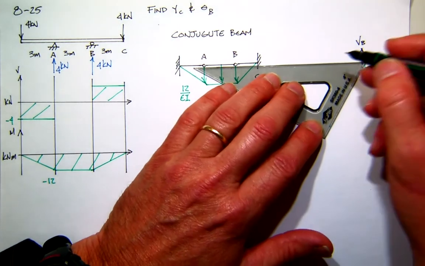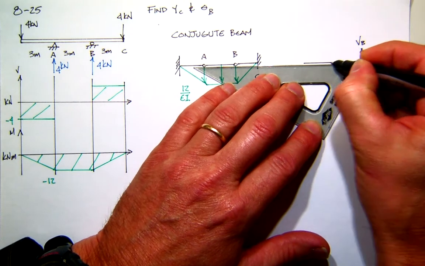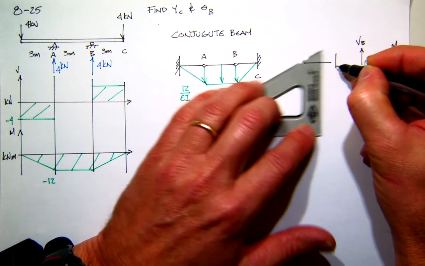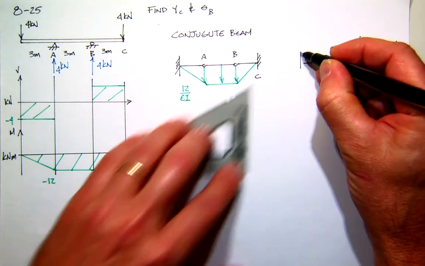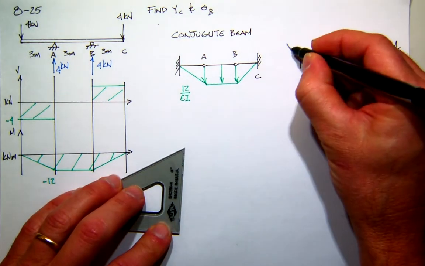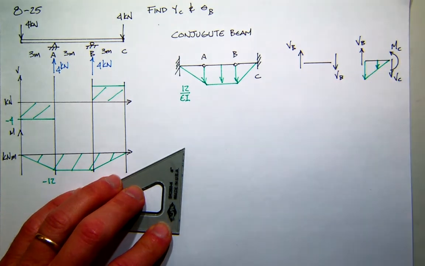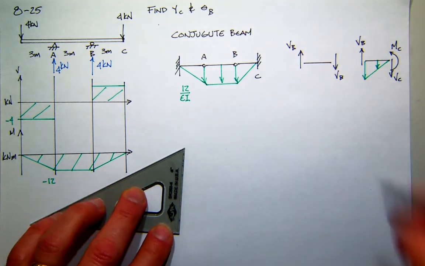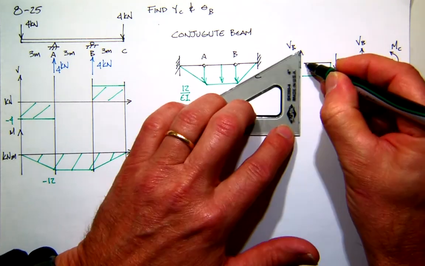So the shear at B I can find by looking at the middle section from A to B. So the shear at B will be here. And then of course I also need the shear at A. Again, there's no moments because there are hinges at each side. And then applied to that will be the load.